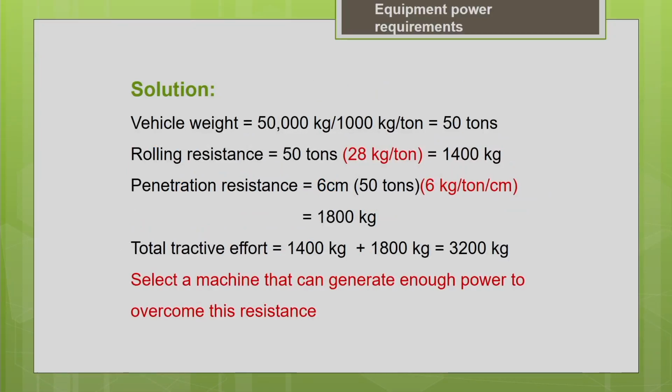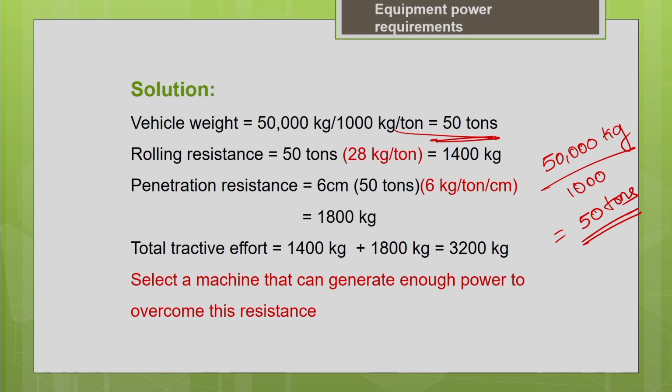So, let us convert the vehicle weight into tons, because your rolling resistance is commonly expressed as kg per ton. You know that the gross weight of the machine is given as 50,000 kg. 1000 kg equals 1 ton. So, dividing, you will get the gross weight of the machine as 50 tons. Now, the rolling resistance you need to calculate for this particular haul route, it is given as 28 kg per ton.